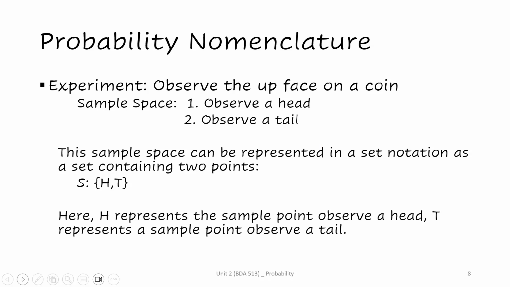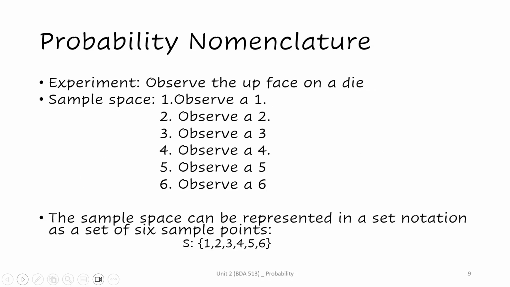If S is the sample space, then you have the curly brackets and then you have the heads and tails. If a die has 6 sides and you throw it and it could be any of these 6 sides, then the sample space will be 1, 2, 3, 4, 5, 6. So this is how you write the notation.